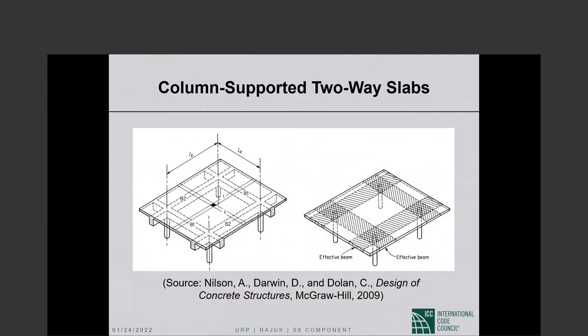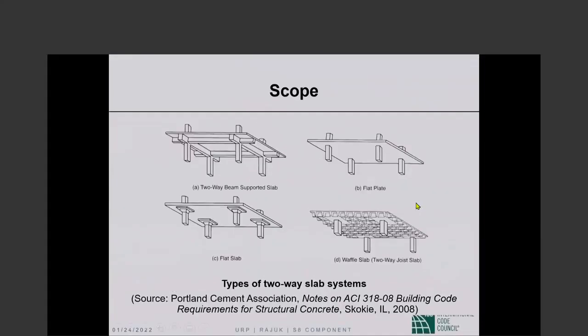Now, the column capital is part of the column. It is not part of the slab. So that does not change the nomenclature of the slab. Whether we have a column capital or not does not make any difference. If there are those drop panels, we have a flat slab.